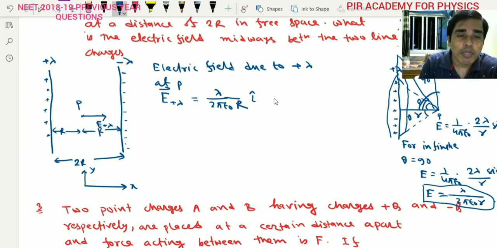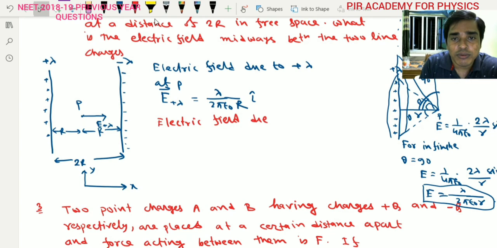Now for this minus charge, the electric field due to minus lambda charge at P will be lambda by 2 pi epsilon naught into r.